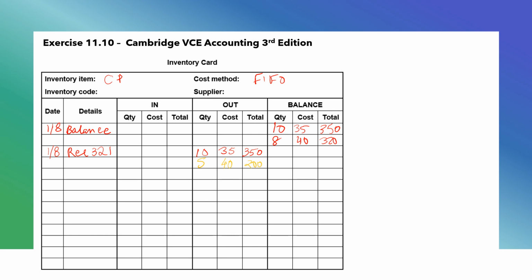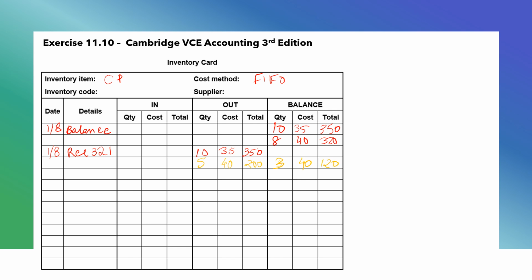So ultimately, we've got 15 items going out, 10 of the existing one, and then 5 of this second line item that we had at $40 each. So in this case, what we've got left is 3 at $40, and that gives us 120.